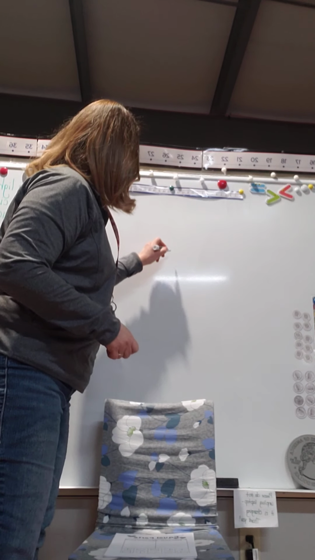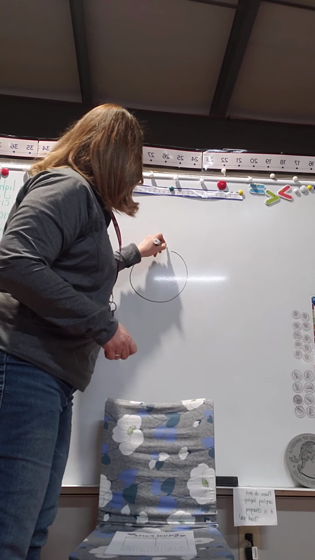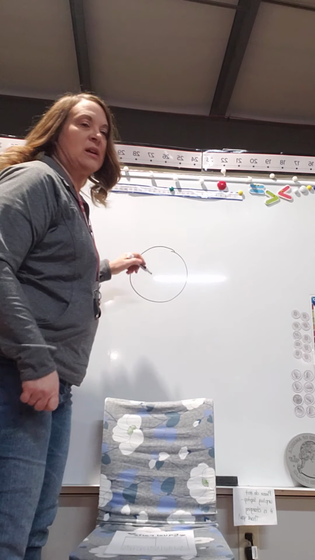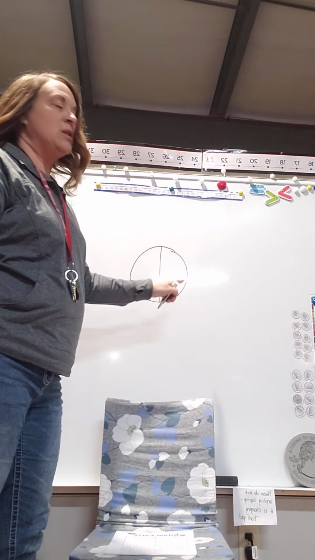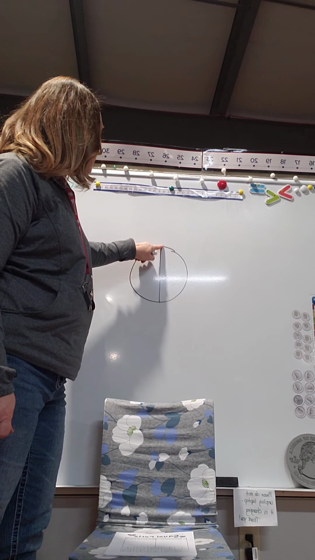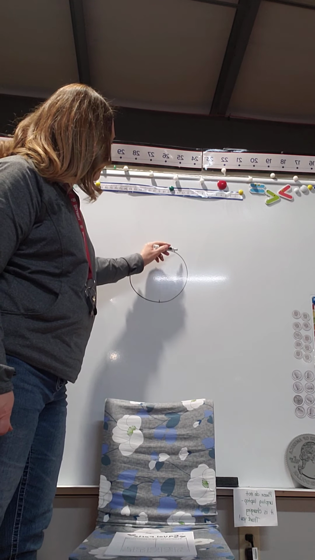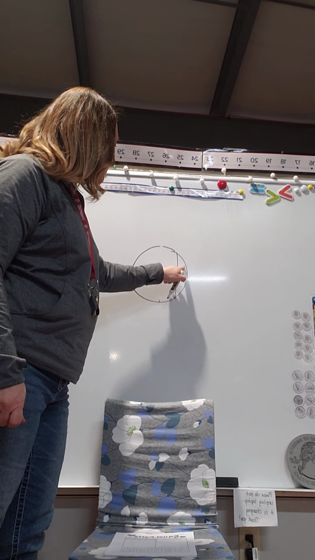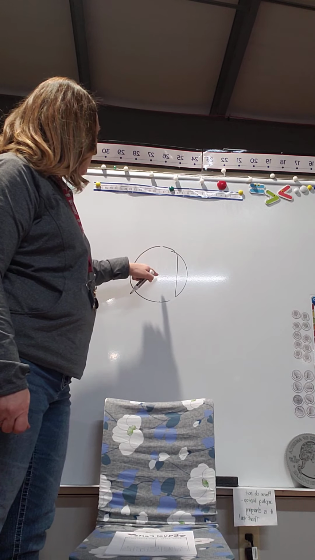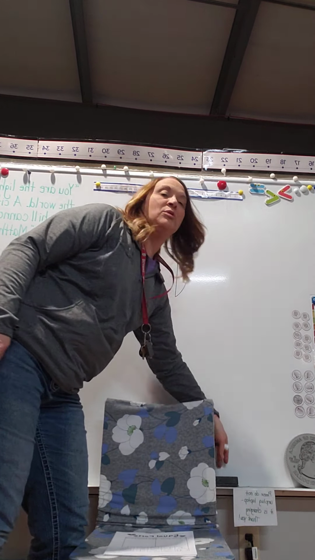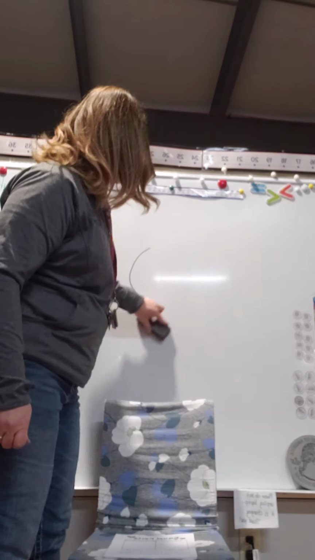All right. So if I have a circle and I have a line going right down the middle, then these are equal parts. But if I have this line come over here, this side is smaller than this side. So they are not equal parts. And you can really do that with any shape.